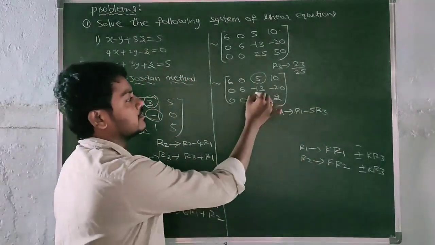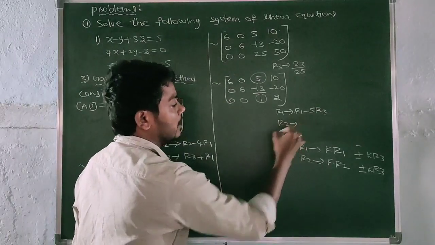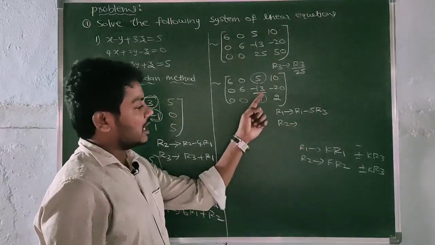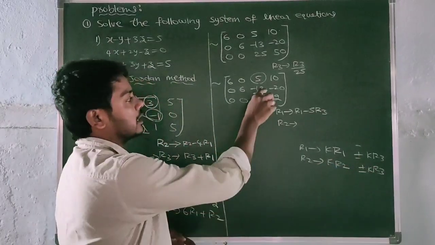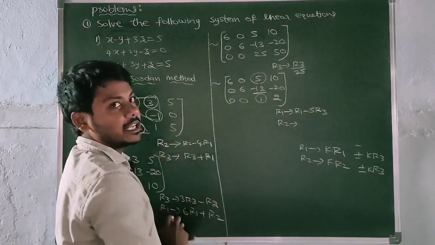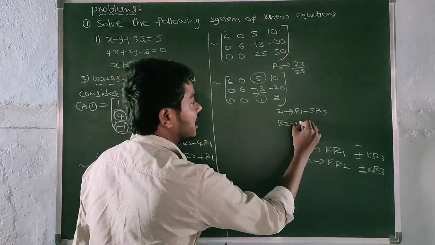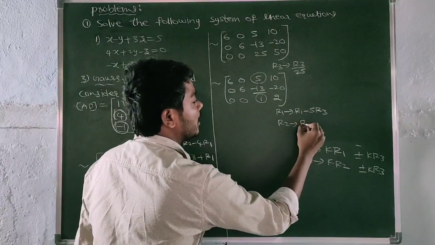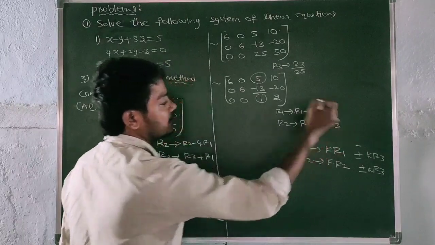Next we have to make this minus 13 as 0. That is R2 implies. For that we have to use R2 and R3. The R2 row third element is minus 13, the R3 row third element is 1. So clearly R2 implies R2 plus 13R3.